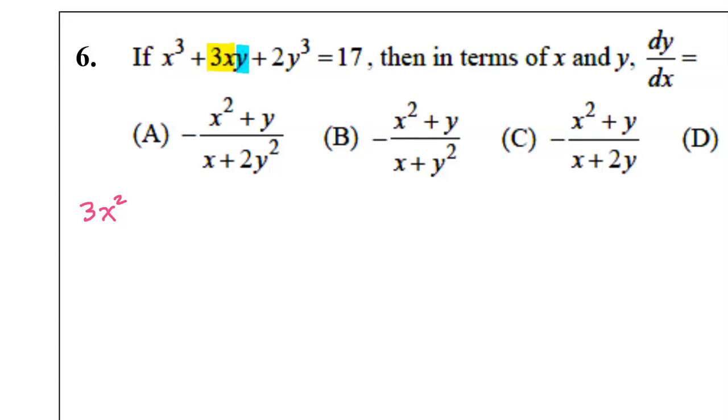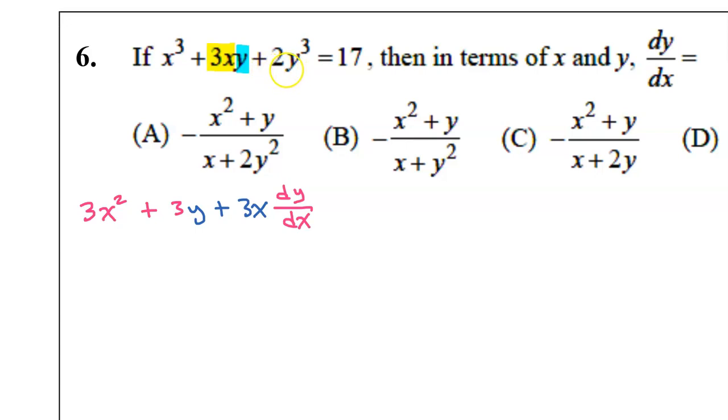So for the product rule, we take the derivative of the first factor, which will just be 3. And then we leave the second factor alone. But then we put a plus and we sort of go through it again. The second time, you leave the first factor alone. And you take the derivative of the second factor. The derivative of y is dy dx. So that's the product rule.